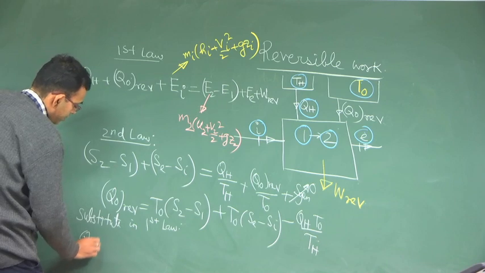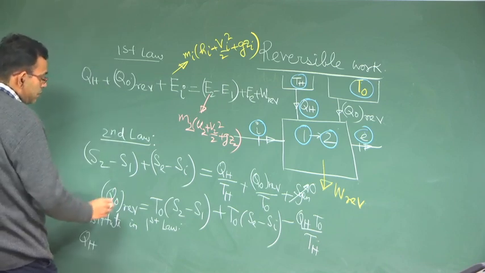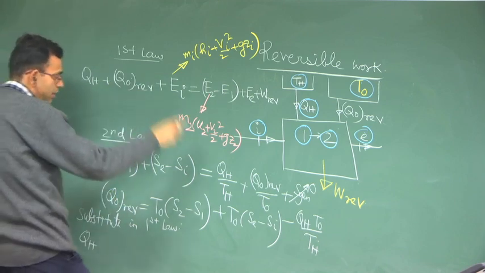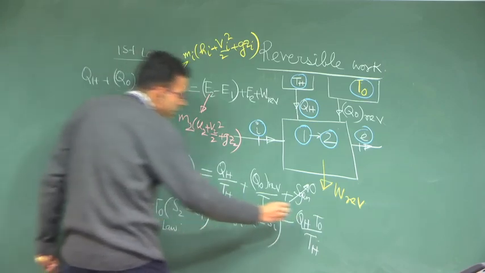So, QH plus Q0 reversible is this expression. So, you have another term with QH.